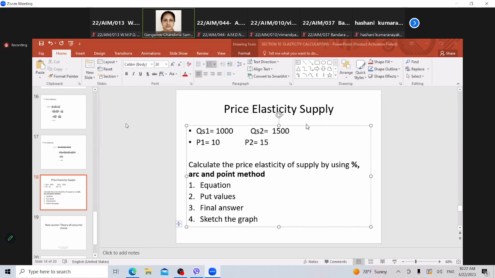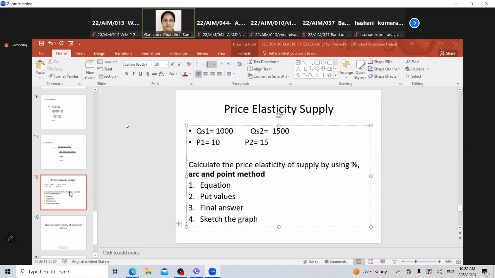So initial prices, I think no need to calculate again. You know the initial quantity, afterwards the quantity supplied and price, and the next price. So then you know all values and you can put them in and write.